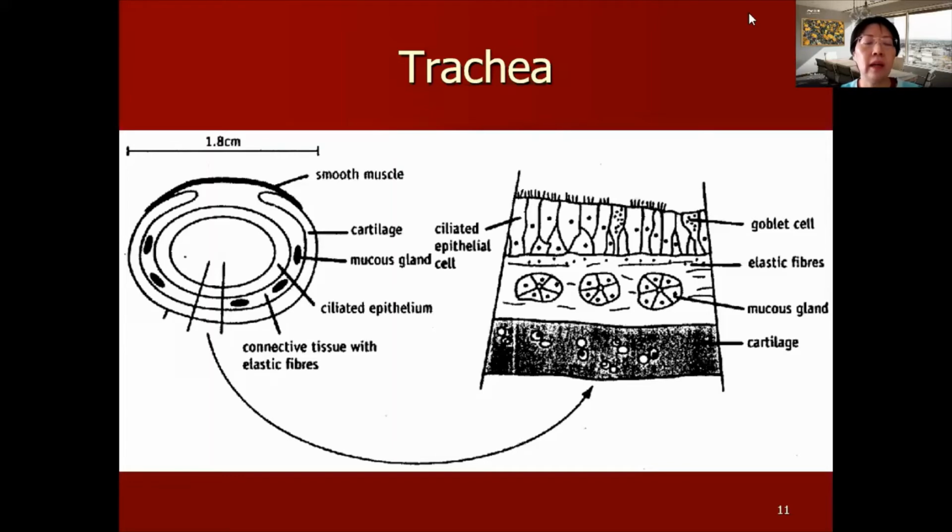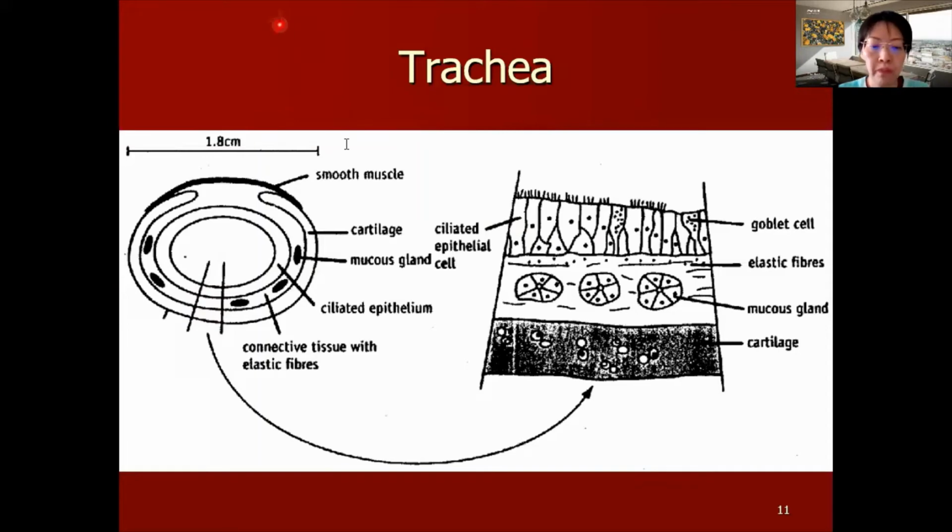So over here, in this diagram, on the left side is the plan diagram or plan drawing, right? And on the right side is what you see if you have the slide and you're looking into the trachea. When you zoom into a higher power, that means you bring this part of the trachea to the center of the field of view.